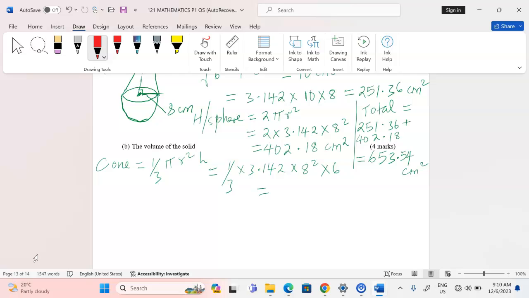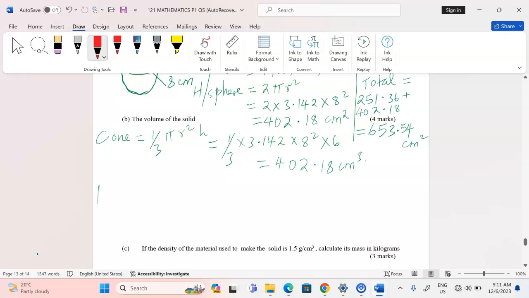So for the conical part, we need a third times 3.142 multiplied by 64 multiplied by 6. This is going to give us 402.18 cubic centimeters.